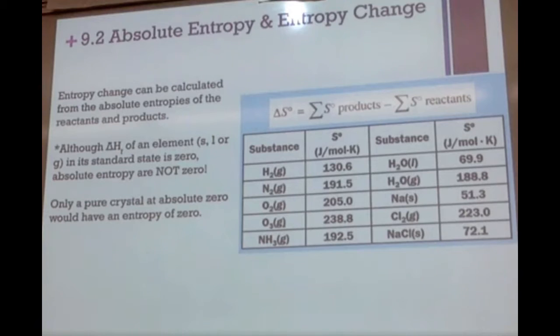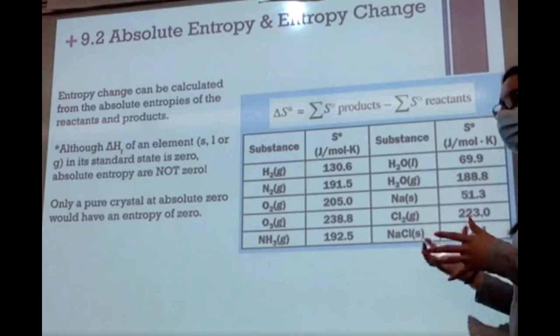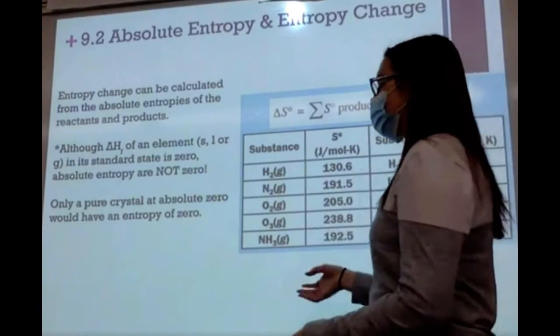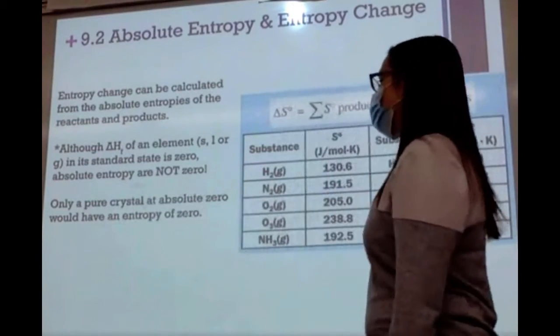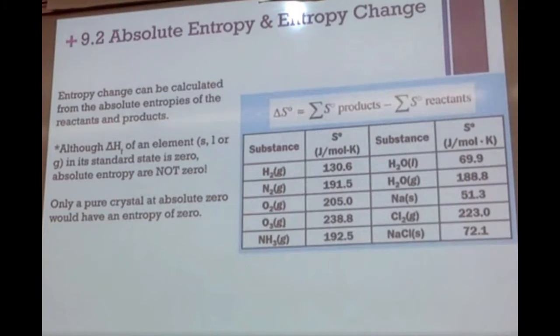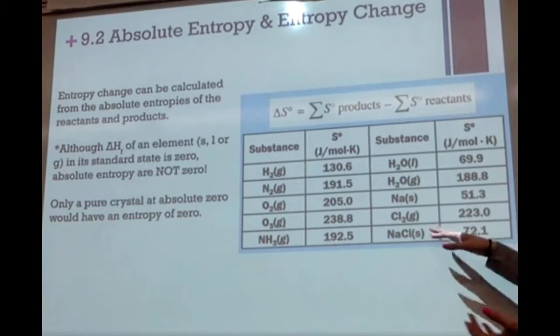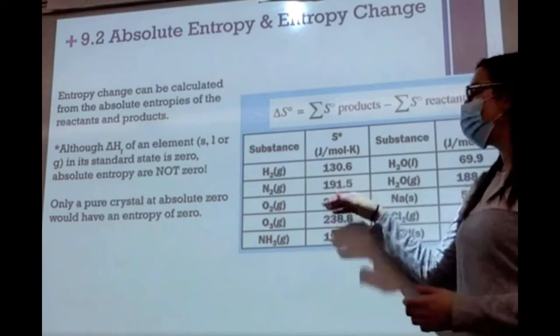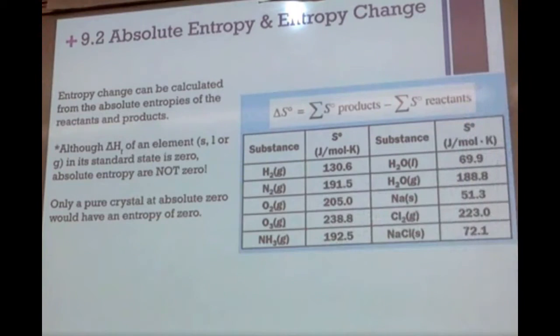Absolute entropy is not 0, because entropy is how dispersed matter is. Only a pure crystal at absolute 0 would have an entropy of 0, because everything else moves. O2 gas has motion. N2 gas has motion. It has entropy.